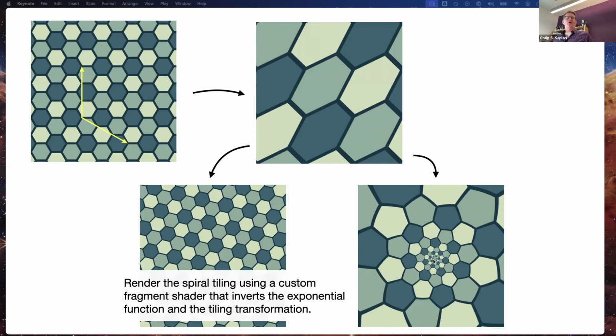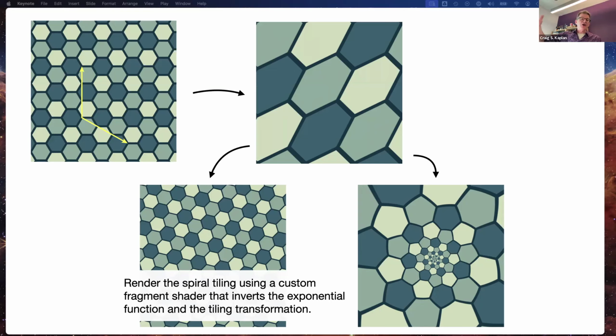Given a point in the complex plane, you don't apply the complex exponential function, you apply its inverse. This is a pretty standard thing you do in computer graphics. We start from the range in which we're operating, the complex plane, and we undo all the transformations that got us there to decide where in the original Euclidean tiling we want to look up for that pixel in the final drawing.